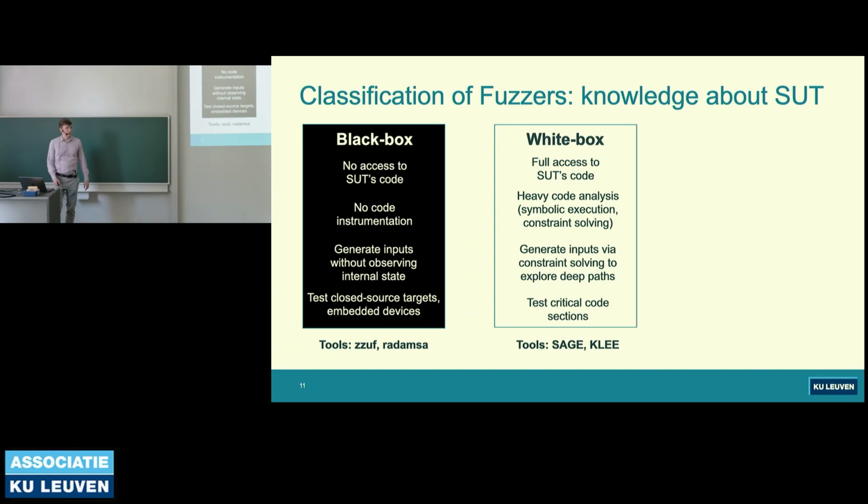The second category is completely the opposite. It's called white box fuzzing. There you have full access to the system under test's code. Typically, white box fuzzers rely heavily on code analysis, on so-called symbolic execution or constraint solving methods, and they generate inputs using these heavy code analysis techniques.